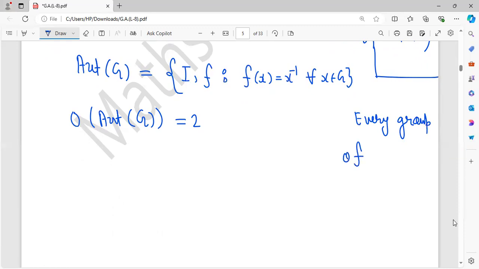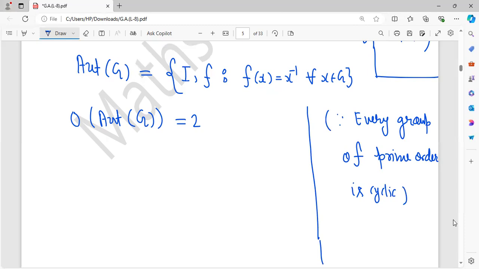We noted that every group of prime order is cyclic. Every group of prime order is cyclic. Every cyclic group is abelian.